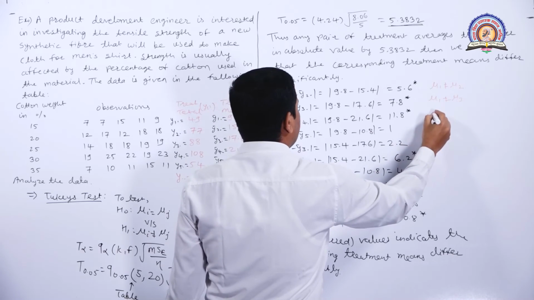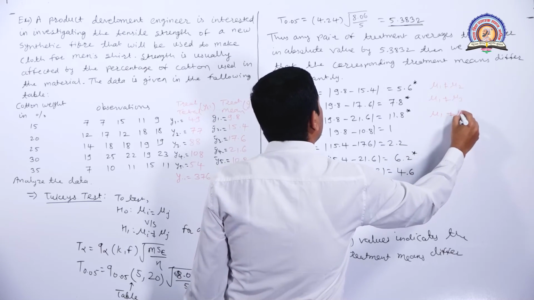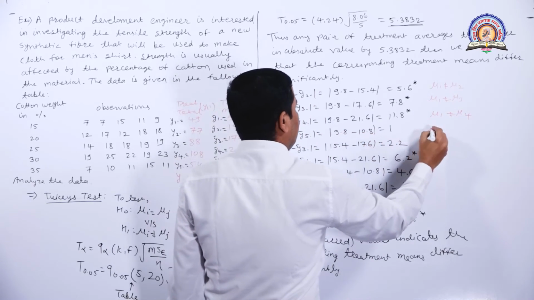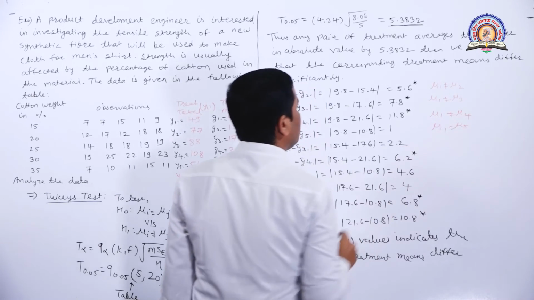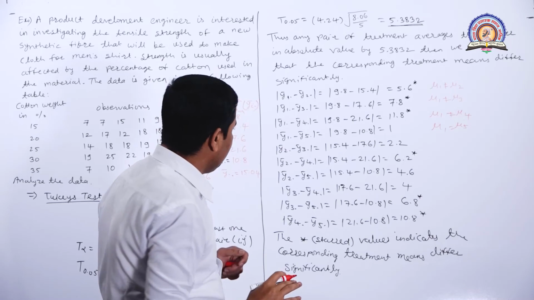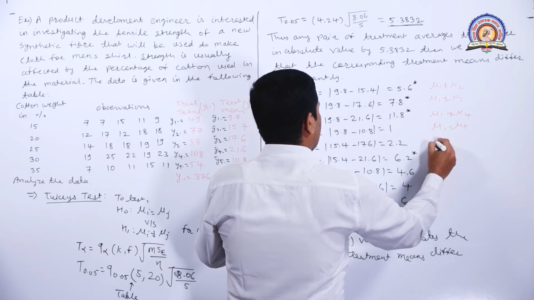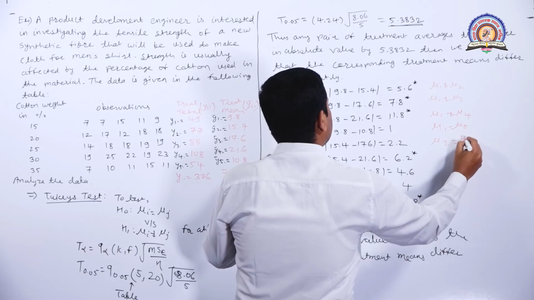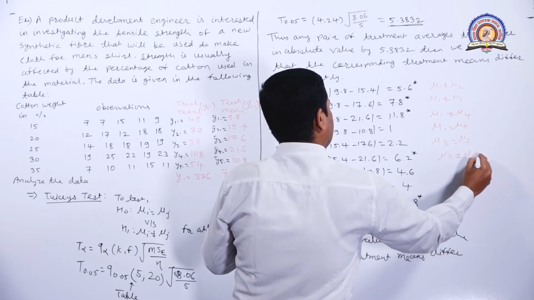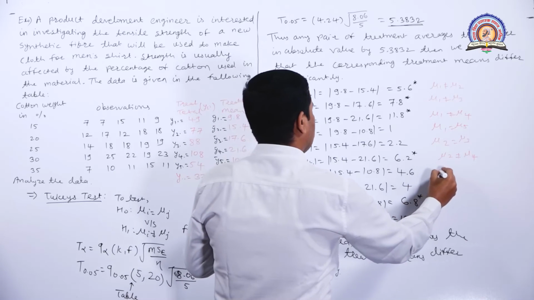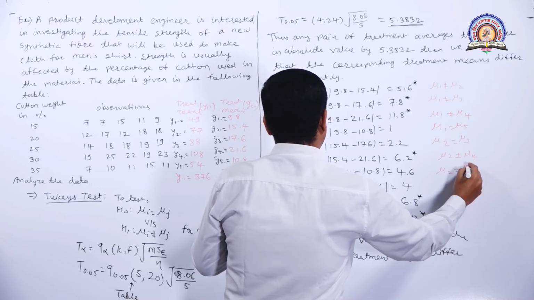Here there is a star, so mu1 is not equal to mu4. Here there is no star, so mu1 is equal to mu5. So these two treatment averages are the same. This means mu2 is equal to mu3. This means mu2 is not equal to mu4. This means mu2 is equal to mu5.